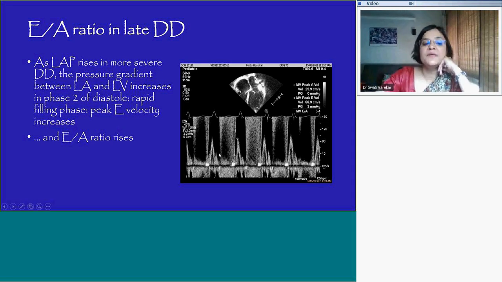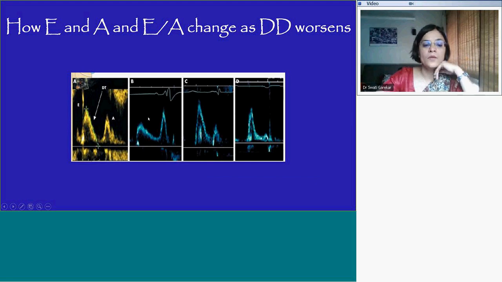Same in severe diastolic dysfunction: left atrial pressure rises and the E/A ratio becomes higher and higher. The pattern changes as diastolic dysfunction worsens. So from the normal pattern in diastolic dysfunction, the E wave actually goes down at first, while later the ratio increases.